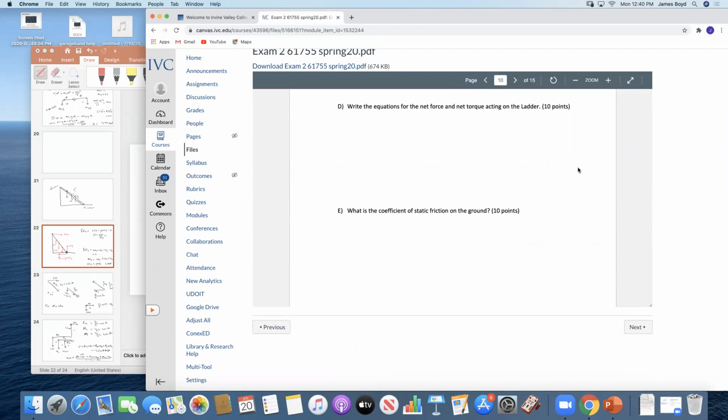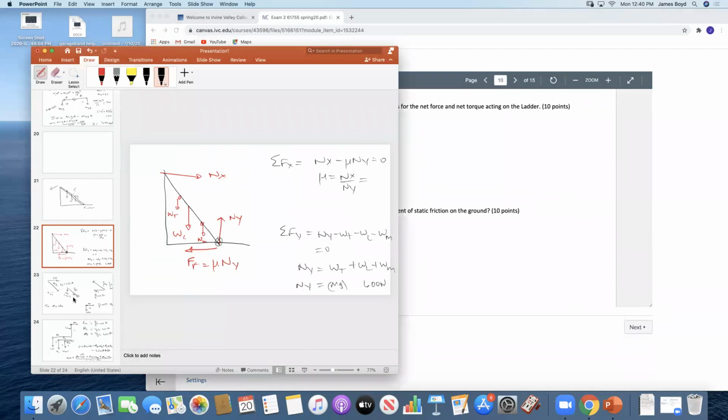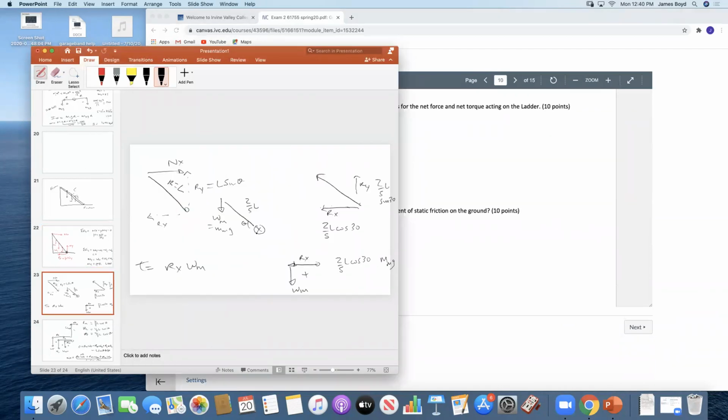This latter problem is actually done in your book. It's done all over the place online. Just make sure you understand it. The hard part is really understanding where these lever arms are, that you want Rx. You don't want to do this. I'm going to call this R and I'm going to figure out the angle between them. If this is 30, then this is 60, and I have R here and weight here.